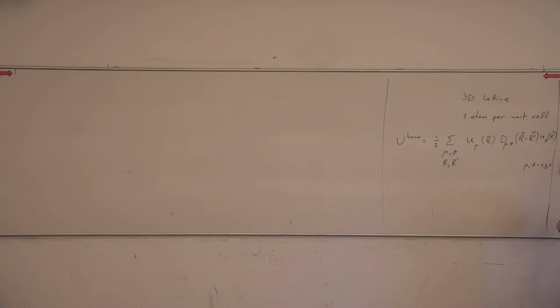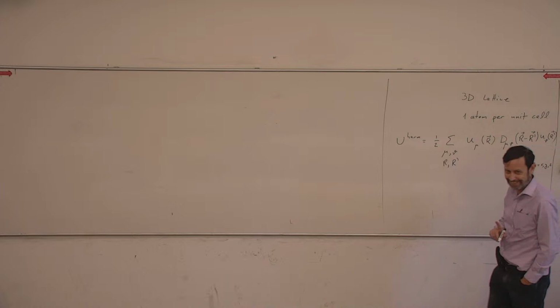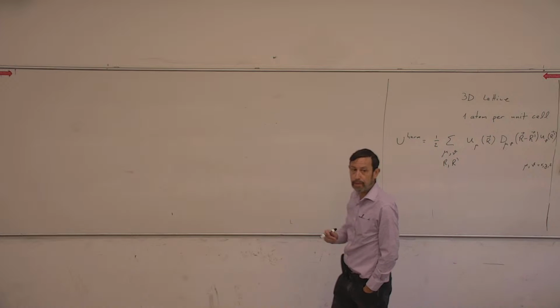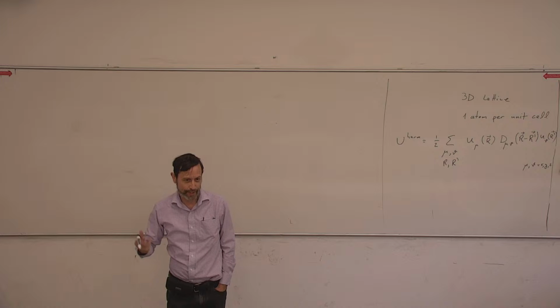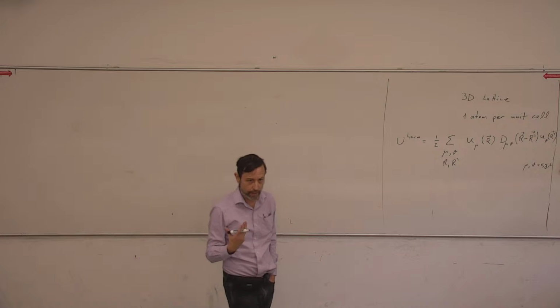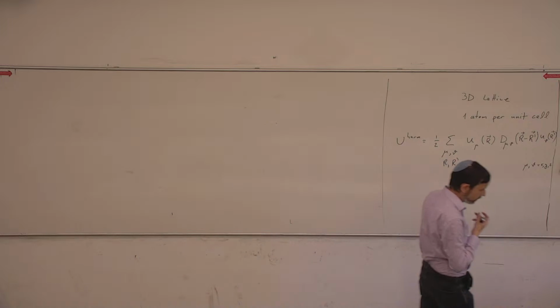Haven't we said it's diagonal? No, it's not necessarily diagonal. I can diagonalize it, but that's different. Especially for lattice structures that are not simple cubic, things don't have to be diagonal.